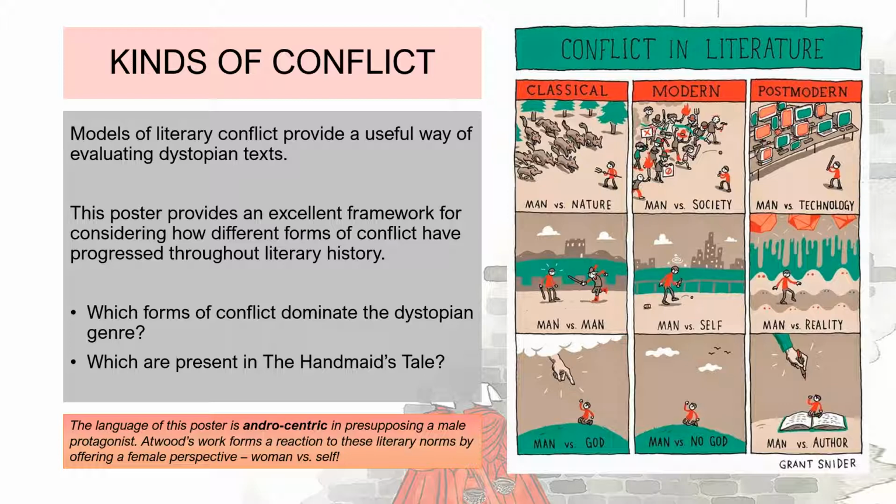Modern texts, and I guess dystopias are essentially a modern genre, a genre that's flourished in the modern age, feature individuals against society, certainly in these totalitarian imaginings, but also in a conflict within protagonists. And I guess something that the 20th century forced societies to face up to like never before was the idea that there is no God or there is no kind of moral justice to the universe, a central theme of conflict perhaps in modern literature.